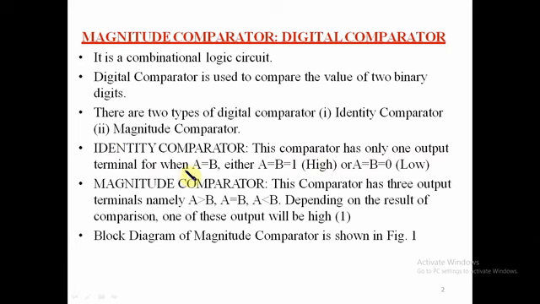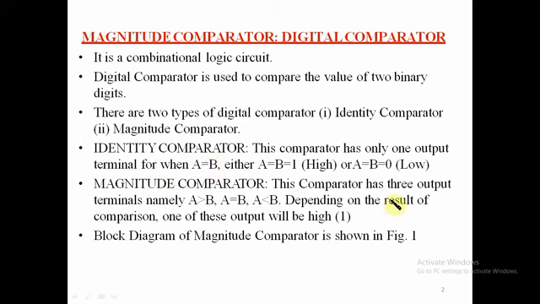When a equal to b indicates the equal sign, it has only one output terminal: either a equal to b equals 1, which means high, otherwise low. When the equal sign gives either 0 or 1, in that case we call it an identity comparator.